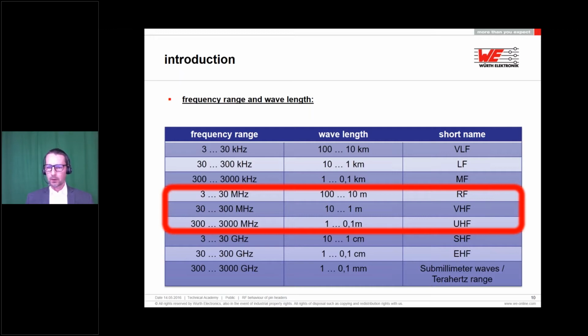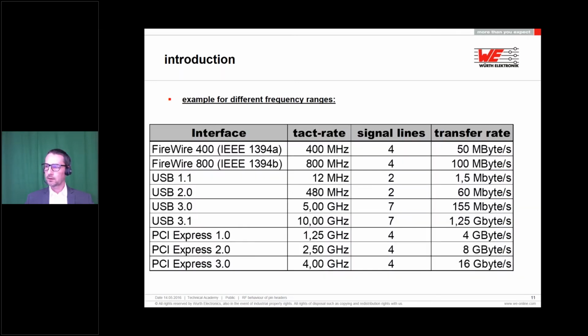So what are typical signals that appear in this frequency area that everybody knows? These are just examples to give an idea about what frequencies we have here. Looking at typical computer signals, just to give a glance: FireWire 400 with 400 megahertz should be working. 800, well, could be a big question.